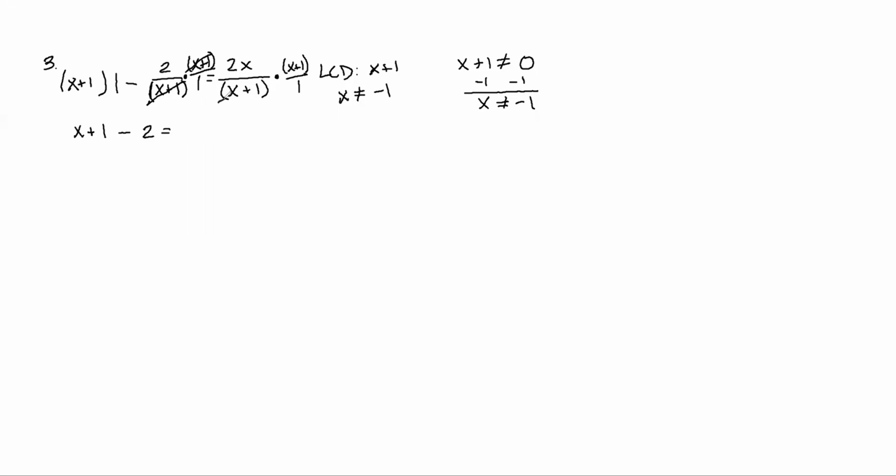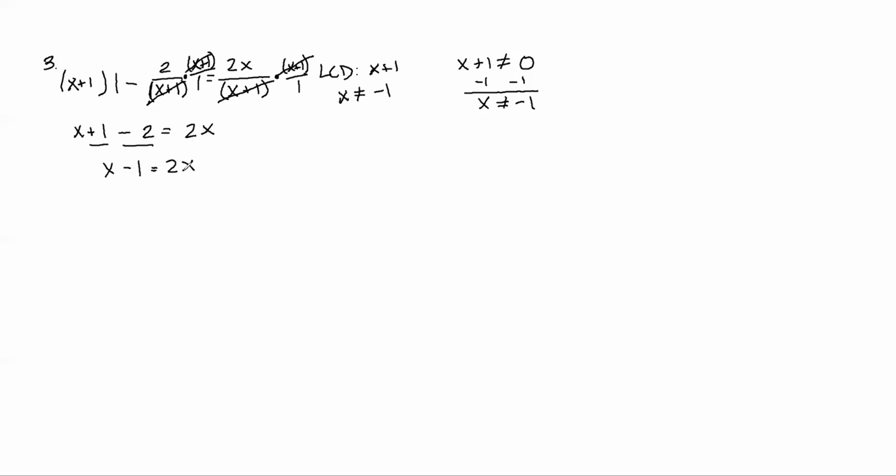On the right, we have x plus 1's canceling, and we're left with 2x over 1, which is just 2x. All of our denominators are gone, and we should be able to just simplify this down. So let's go ahead and combine our like terms. So we have x, 1 minus 2 is minus 1, equals 2x.